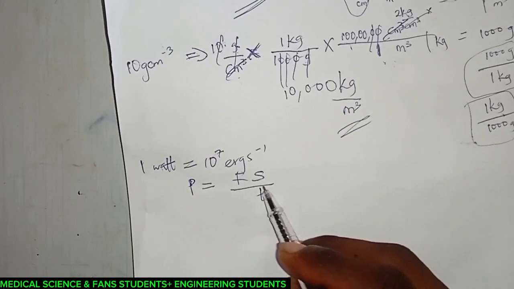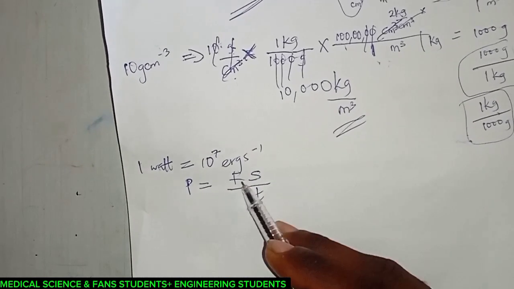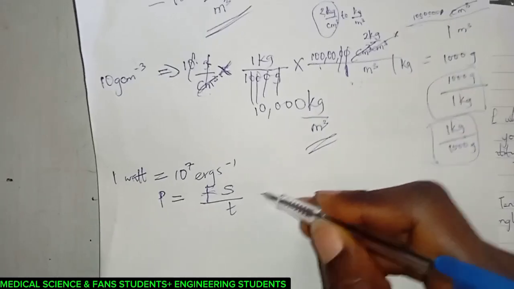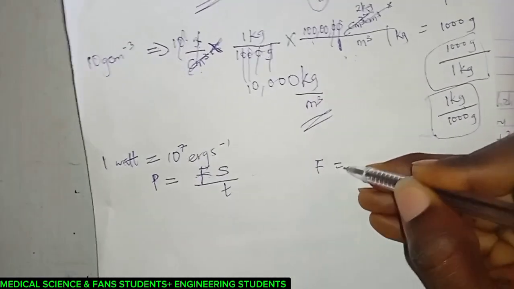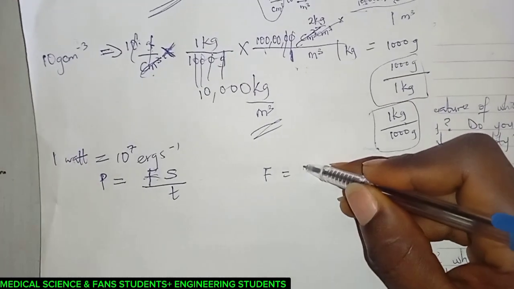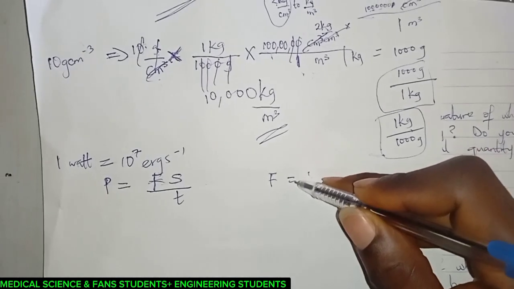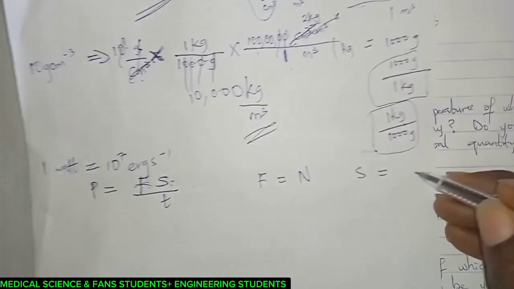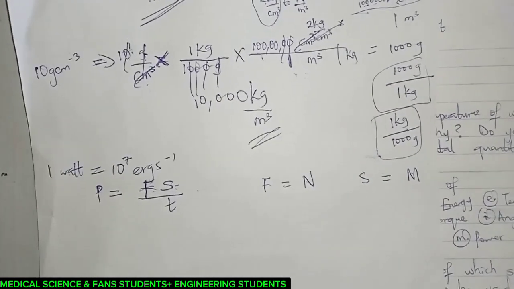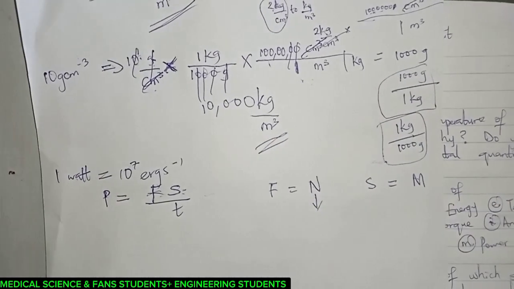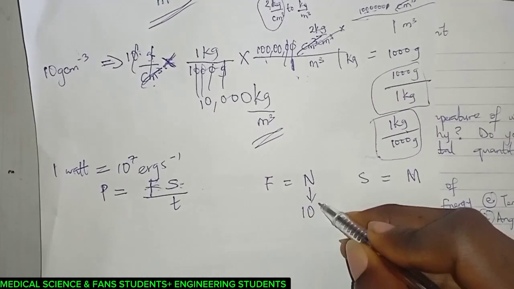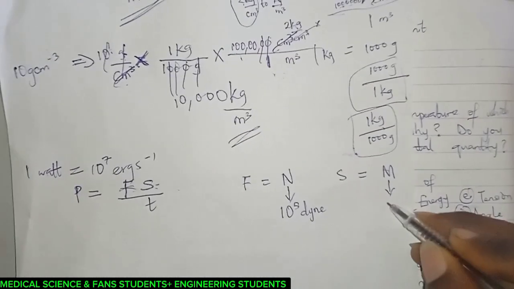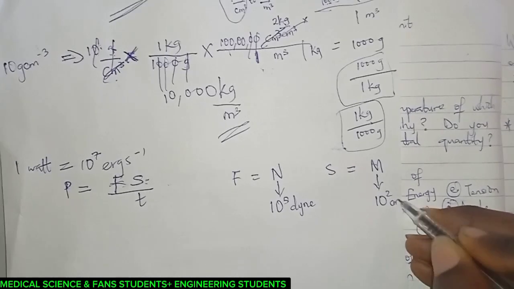Remember that power is the rate of work done. Force on its own is Newton, and displacement on its own is meter, and 1 Newton is equal to 10 raised to power 5 dyne, and 1 meter is equal to 10 raised to power 2 centimeter.